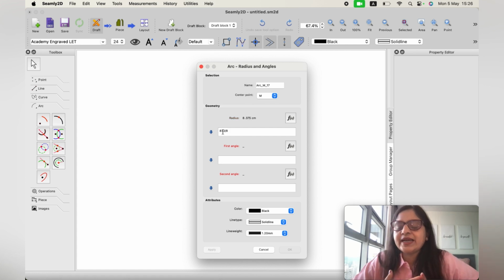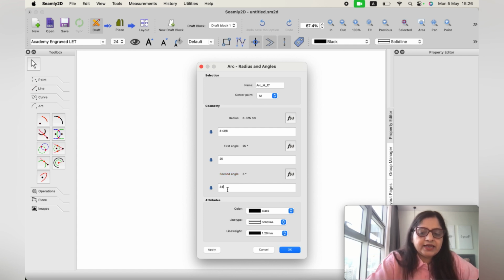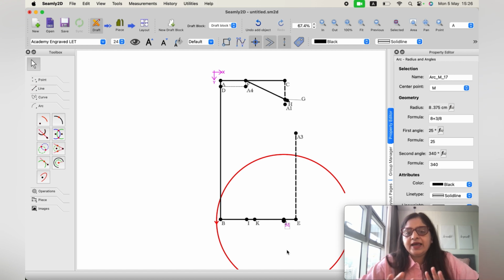I always get confused what angle I should take, so I am taking a very huge angle, like from, let's say, 25 degrees to 340 degrees as I took it earlier, and then I keep on reducing the angle.